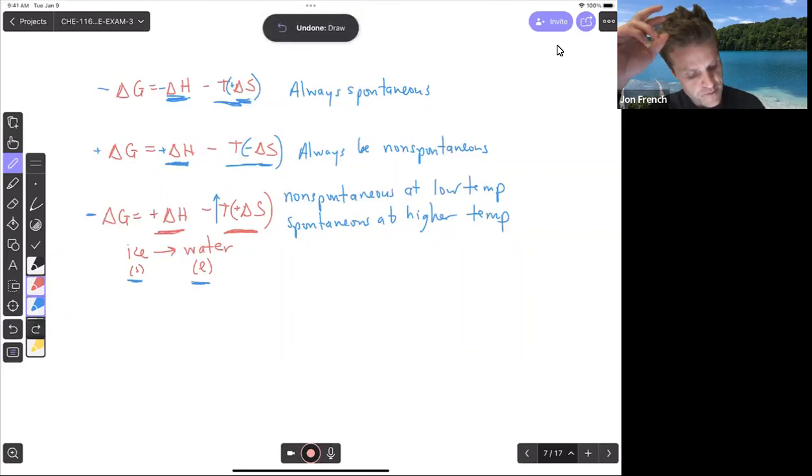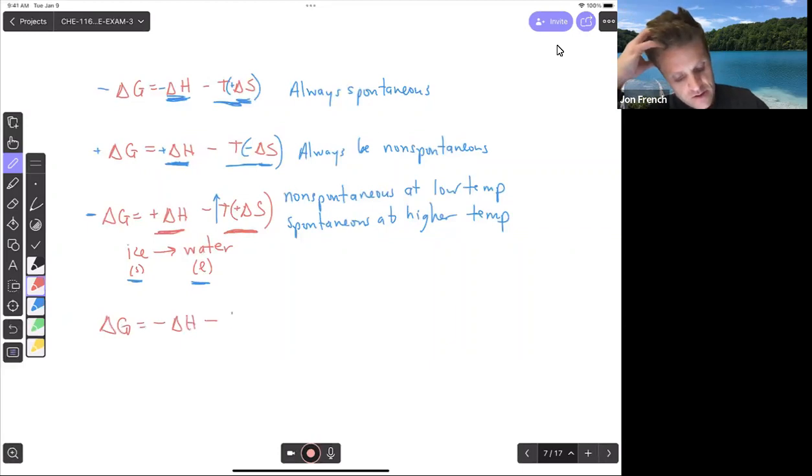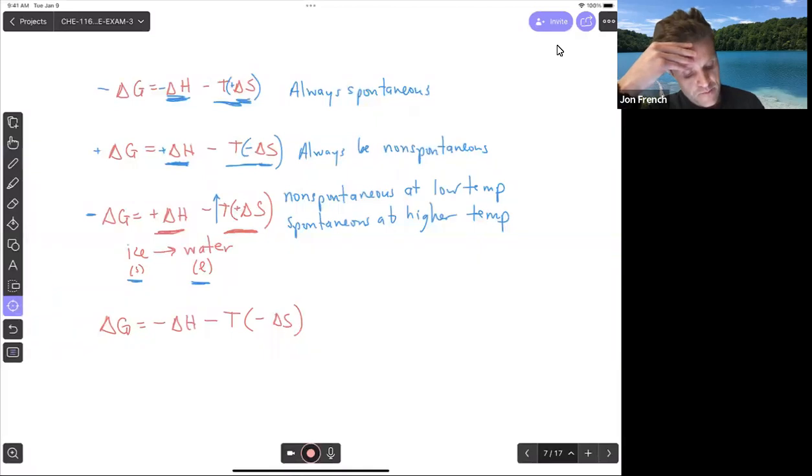So delta G equals, now we've got an exothermic reaction, and that exothermic reaction results in a decrease in entropy. So now the opposite is true because my exothermic reaction, all right, I've got an exothermic reaction, but I'm going to be subtracting a negative number, which is adding this across.